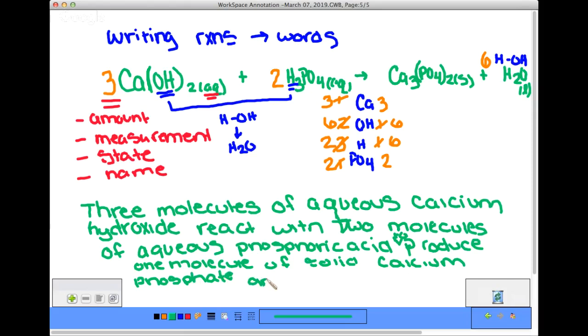And it is also going to produce 6 molecules. Whoops, this should be written out, not like that. So let's go 6 molecules of liquid water.